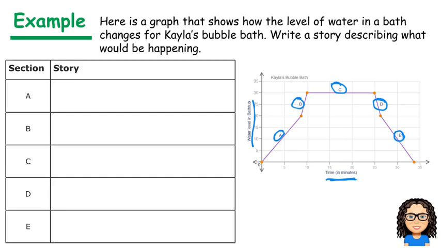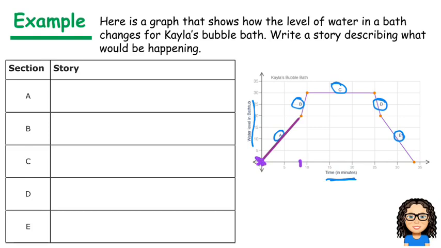If I look at the very first section of the graph, we've got a line that starts at 0 and goes up to this point there. So that tells me for the first about 8 minutes, the water level in the bath started at 0.